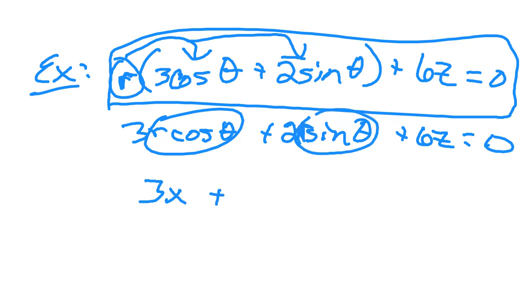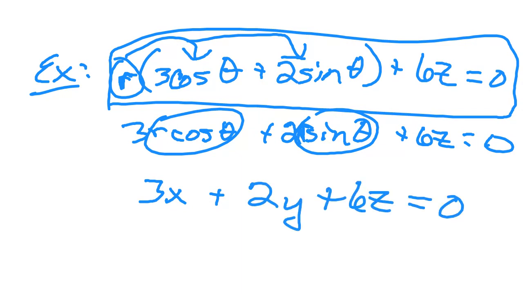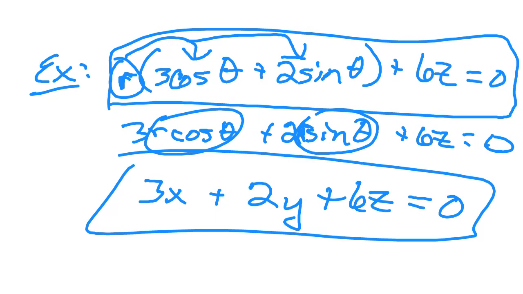So that's 3x plus 2y plus 6z equals 0, which I believe is a plane with a perpendicular normal vector of 3, 2, 6, if I remember the equations right. I'll let you go back and verify that. But that should be a plane through space with perpendicular normal vector, one of them being 3, 2, 6.